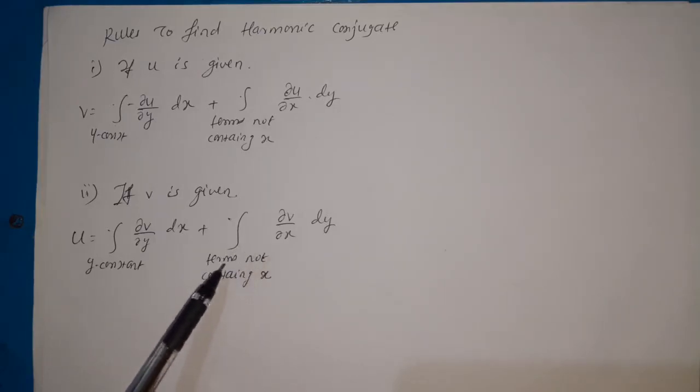Here we should consider the terms which are independent of x, or the terms not containing x. So these two are the important formulas to find u and v whenever the corresponding parts are given. If u is given, then we can find v, and if v is given, we can find u by using these two formulas, and these are very important.